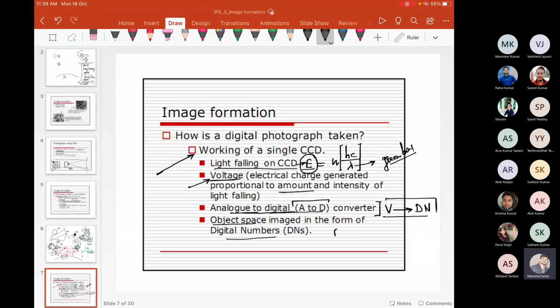If we have an 8-bit image, then we have a total of 0 to 255 discrete numbers in the decimal number system. We call them digital numbers. These two steps we will discuss later on.